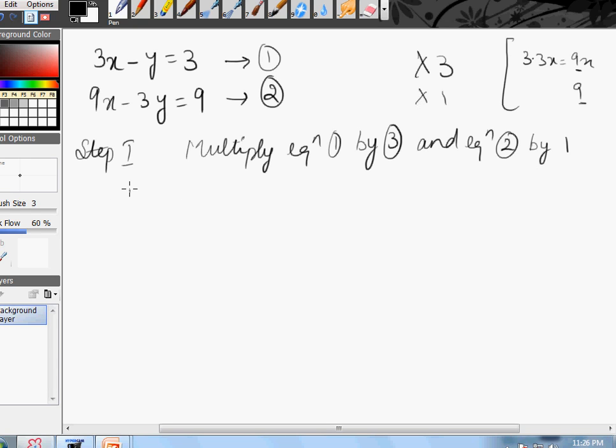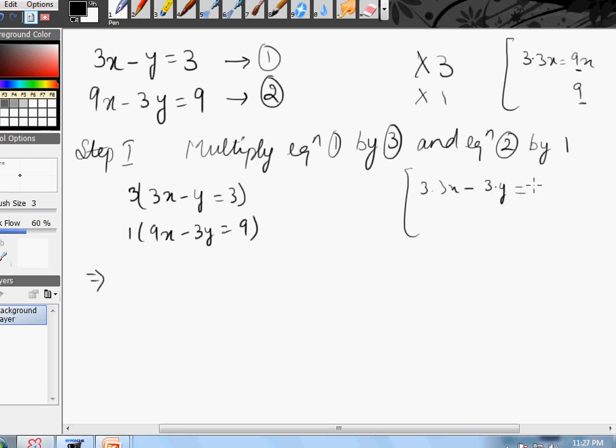We get 3 into 3x minus y equal to 3 and 1 into 9x minus 3y equal to 9. That is, 3 into 3x minus 3 into y equal to 3 into 3, which gives us 9x minus 3y equal to 9.